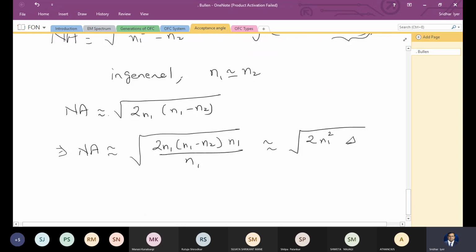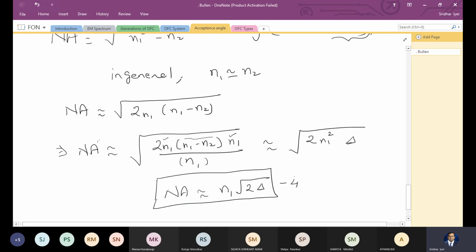So what I have done in this bracket is I have taken 2n1 into n1, so it becomes 2n1 square. Then n1 minus n2 divided by n1 is nothing but delta, right? Therefore finally NA approximately is, if I take n1 square outside the square root, n1 root 2 delta. So this is another equation which can be used to find the value of numerical aperture if index difference is given to us.